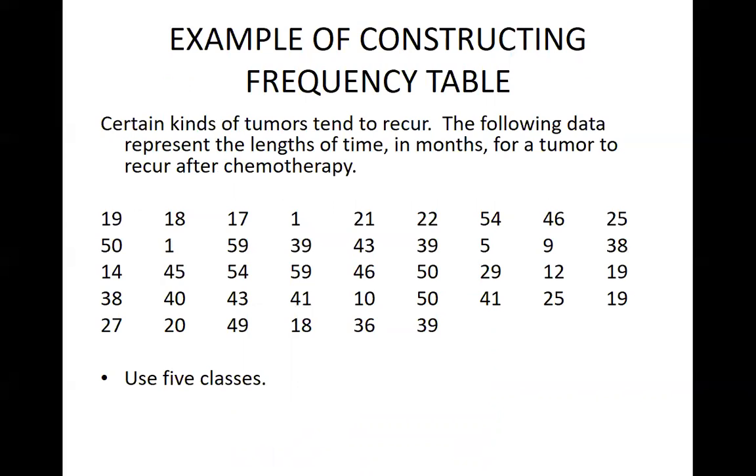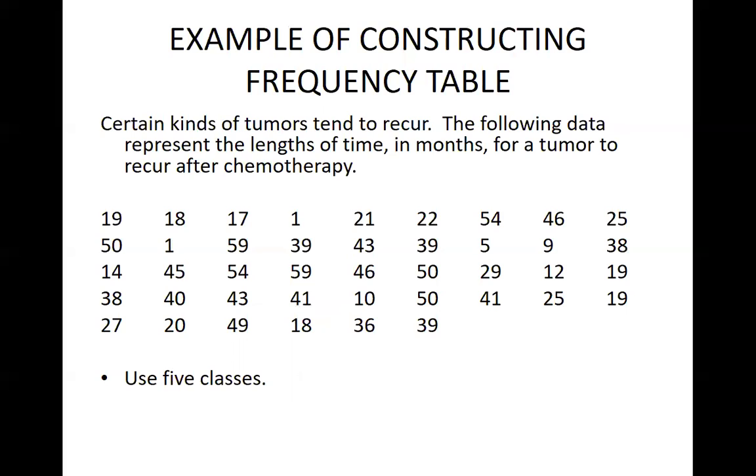Now, here's where your paper comes in, and this is probably as far as we'll get today. I have a list that says certain kind of tumors tend to recur, and this would be the length of time in months for a tumor to recur after chemotherapy.